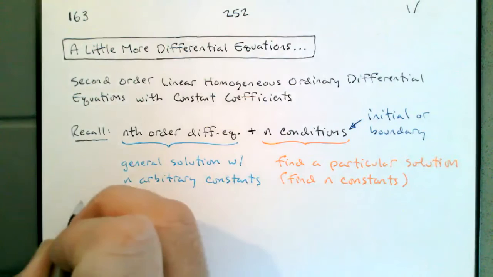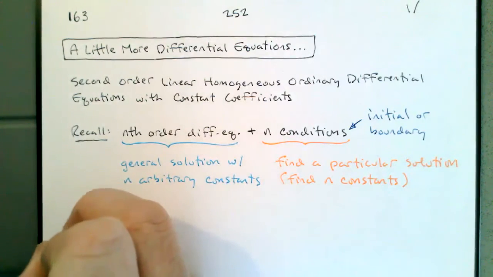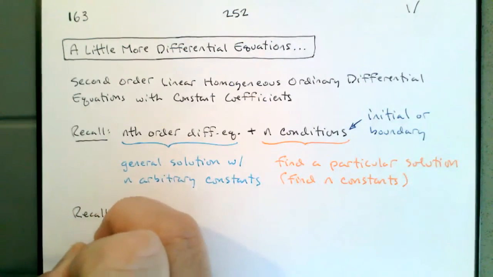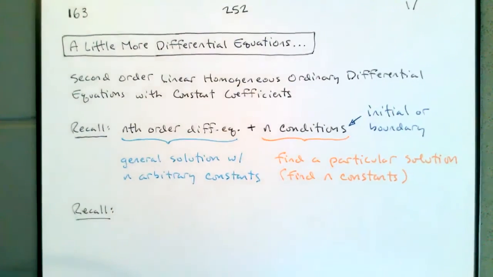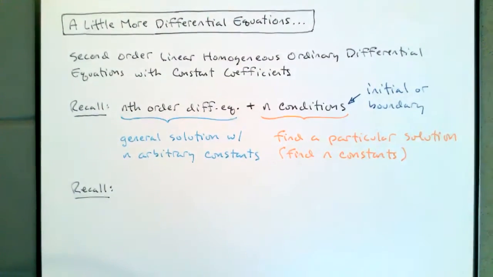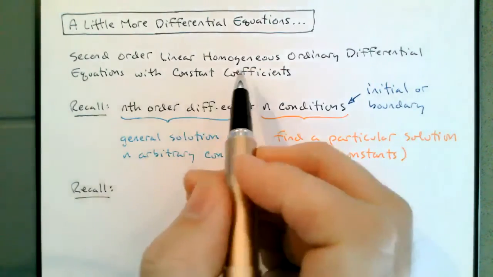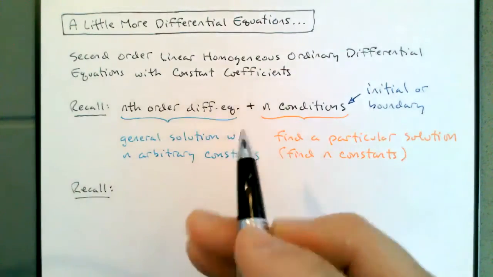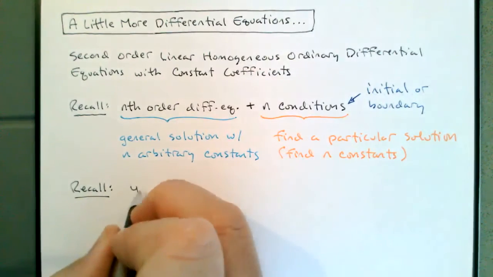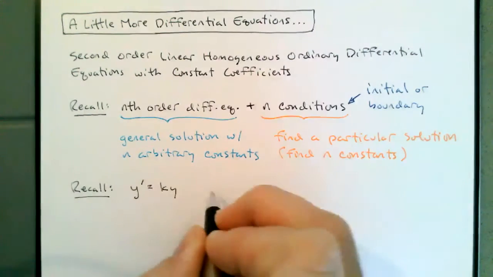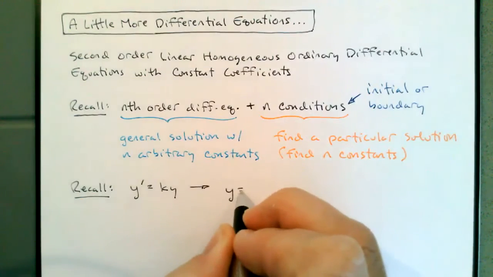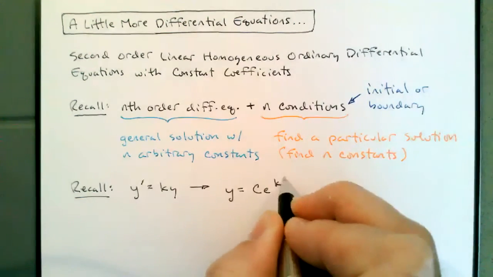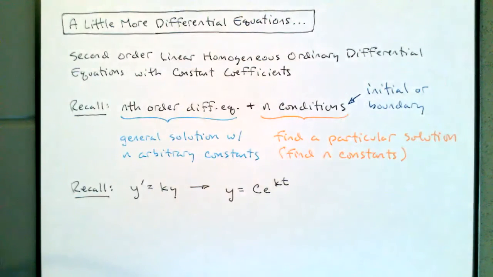Also recall, we solved a first order linear homogeneous ordinary differential equation with constant coefficients: y prime is equal to k times y, and that gave us the exponential function, c e to the kt.